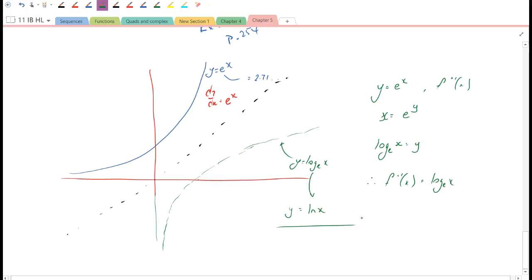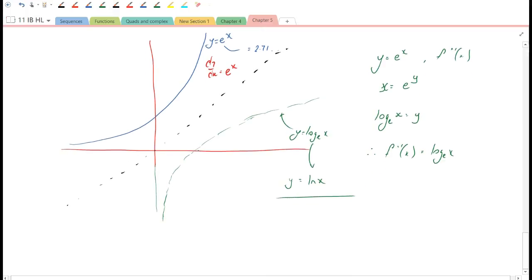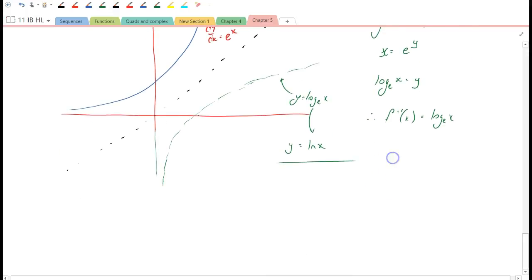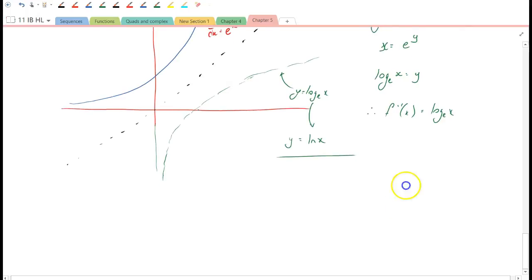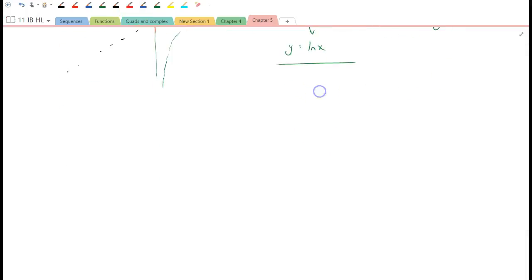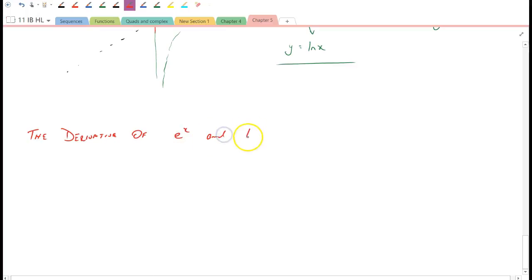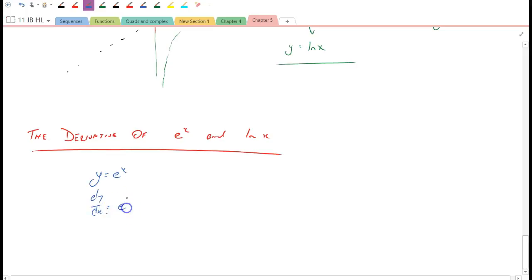Okay, there's a nice little relationship between those. We've introduced e as a concept, and now we can see how it's used in calculus. So if we look for the derivative of e to the x and ln x, we know that when y equals e to the x, my derivative function is e to the x.